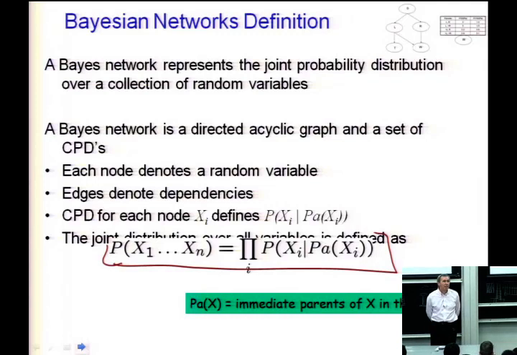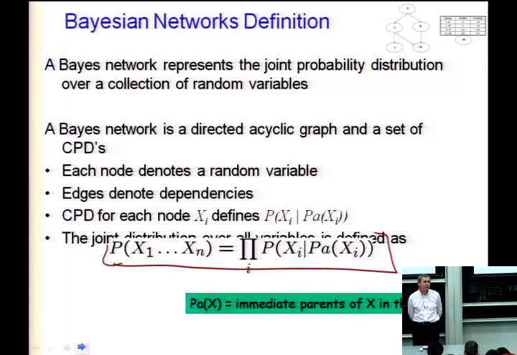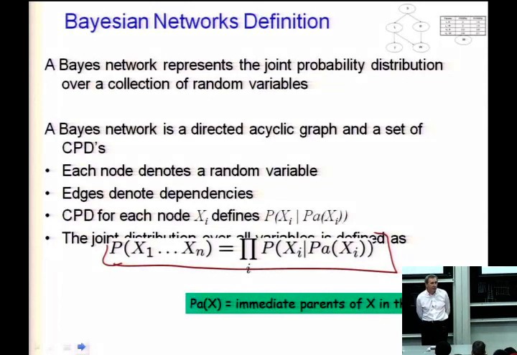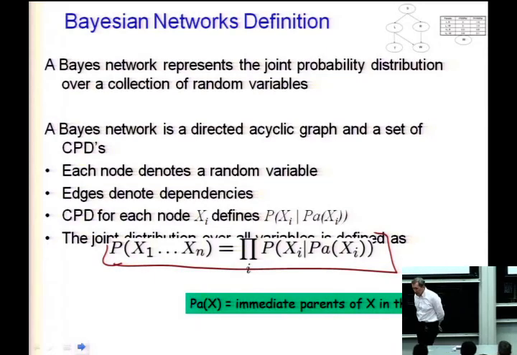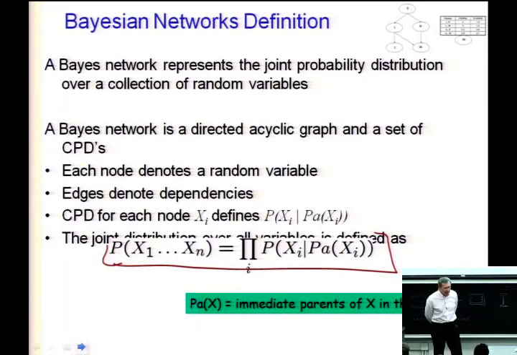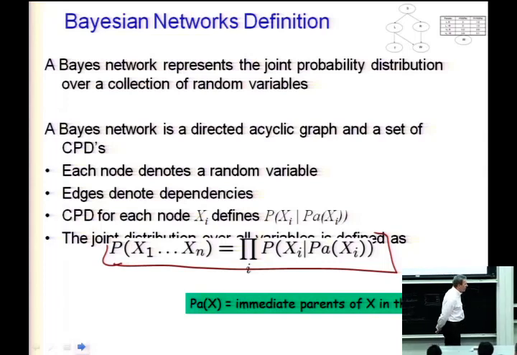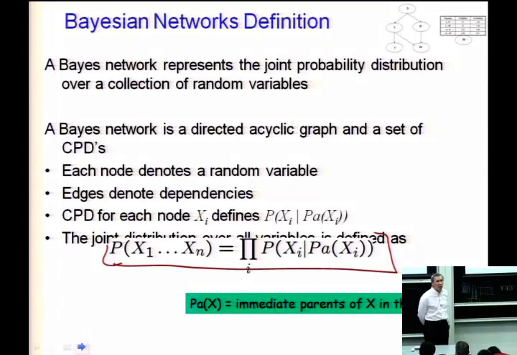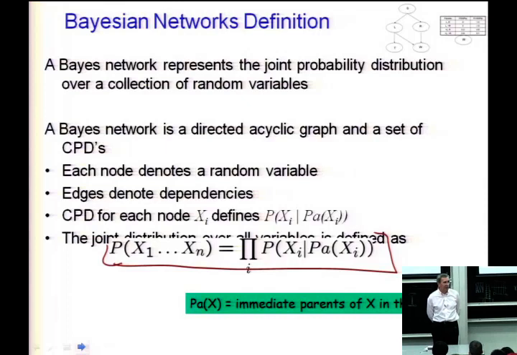Would you ever use its probability given the parents jointly? Oh, okay. So the question is, would you ever use the probability of some node and its parents together? And the answer is yes.